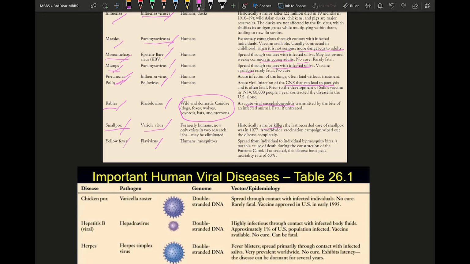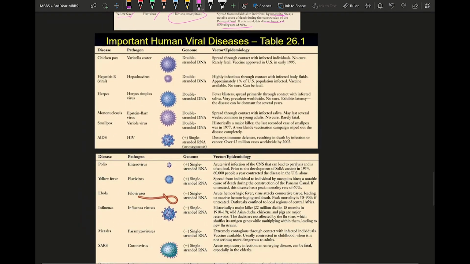It was a major killer in the past, but worldwide vaccination has completely wiped this disease out. Then yellow fever, transmitted via mosquitoes, again common in parts of Africa. Mosquito bites help in transmission of this disease, and it has a peak mortality rate of 60% and is prevalent in parts of Central Africa.